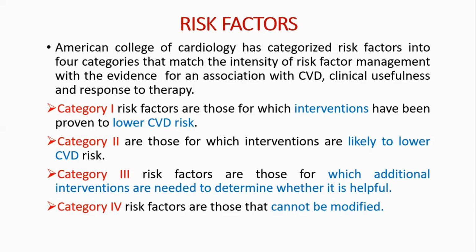Category 2 risk factors are those where interventions are likely to reduce risk based on available evidence. And category 3 risk factors are those where more research is required to confirm whether intervention is beneficial. Category 4 risk factors include factors that cannot be modified, such as age and genetic predisposition.